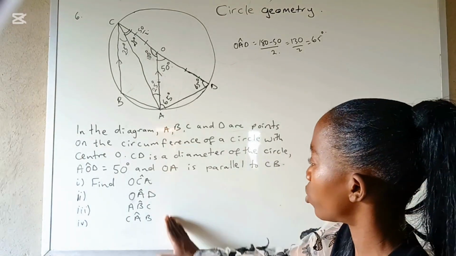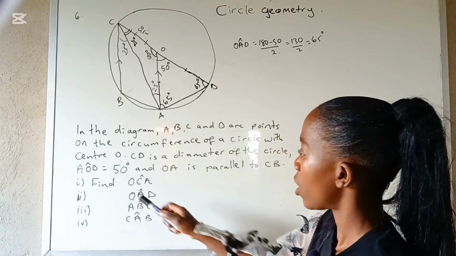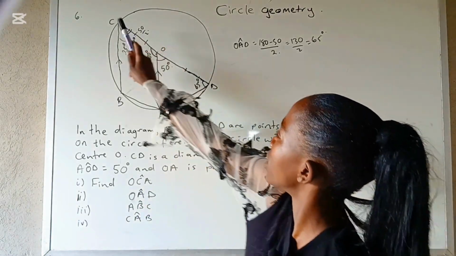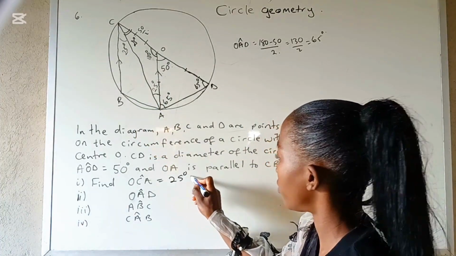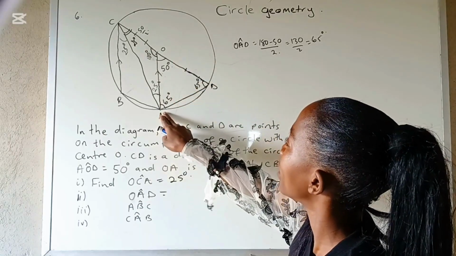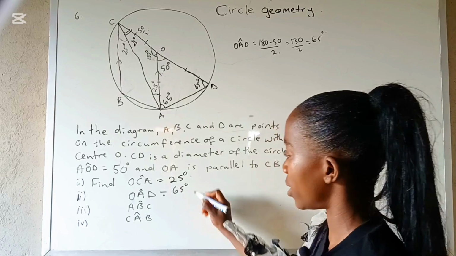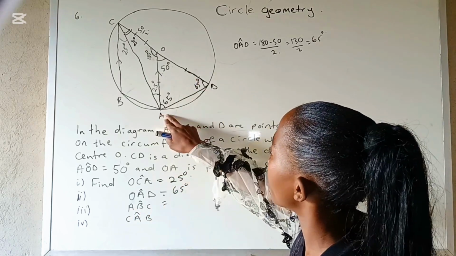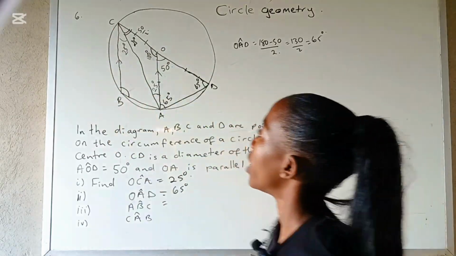Okay, let me see if I have found some of the angles, right? OCA, I now have OCA, which is 25 degrees. OAD is 65 degrees, right? ABC, not yet, right?